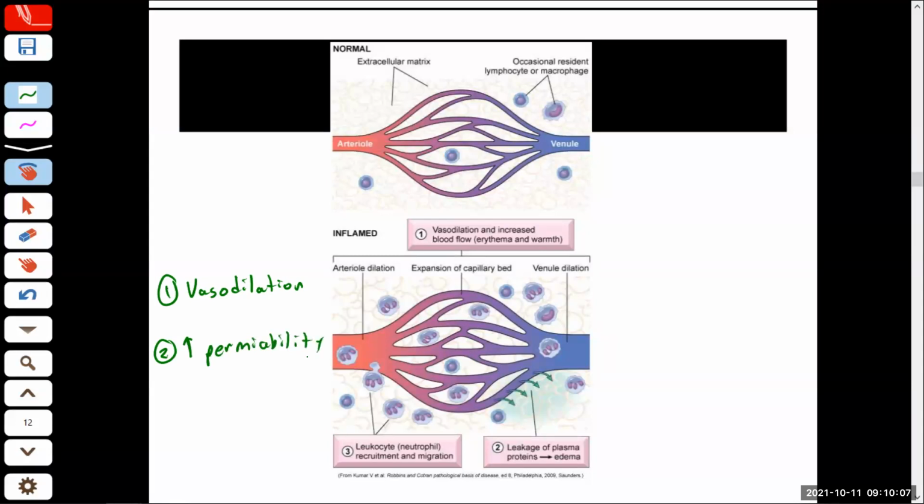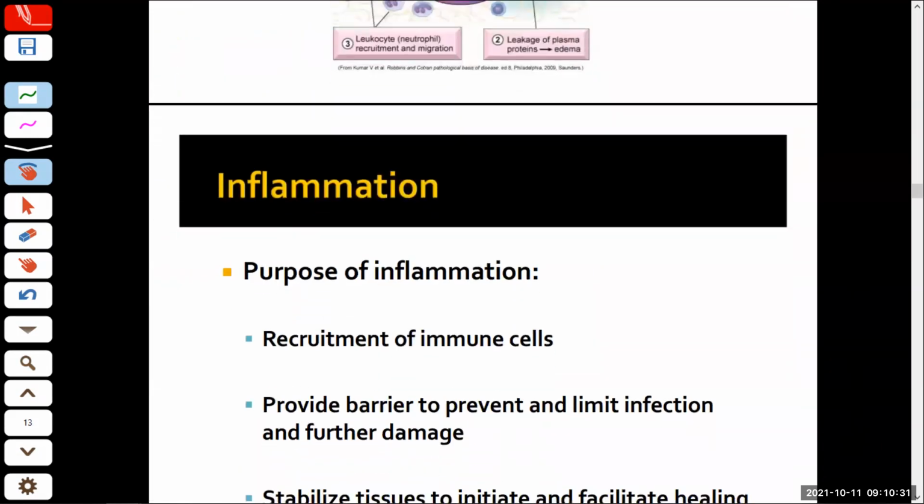Here's a capillary bed on inflammation. Notice your blood vessels have vasodilated, and you have more cells outside of your capillary bed. Okay, so again, two effects. Know them well.